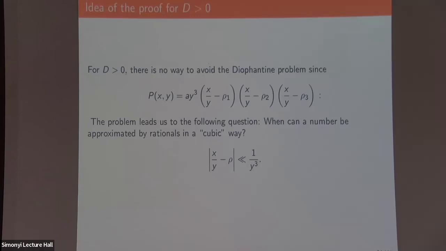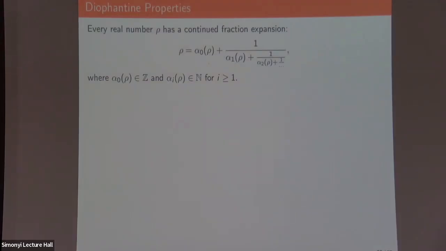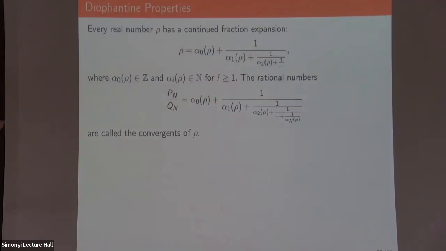Traditionally, the way we study this problem is with continued fractions, which I'm not really going to talk about, but I'm going to define them briefly. Every number can be written in this form, where the first number is an integer and everything else is a natural number. If we stop this process at any point, what we obtain is a rational number, Pn over Qn, which is called a convergent of this number rho.